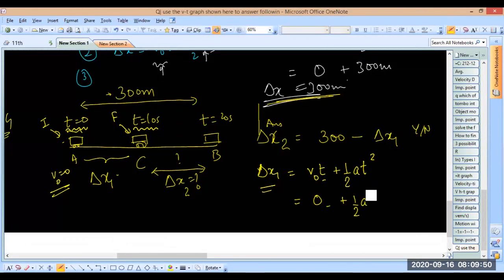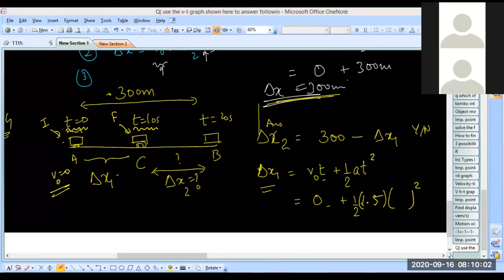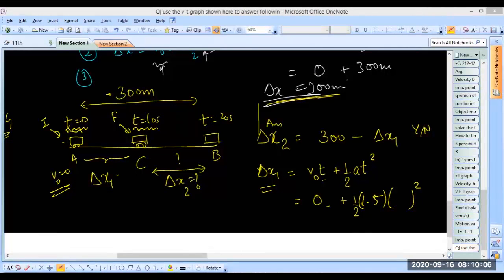What is the value of a? I think it is 1.5. Now, what's the value of t? Come on, people. Can you tell me what is the value of t? Very good, 10 seconds. Well done, people.